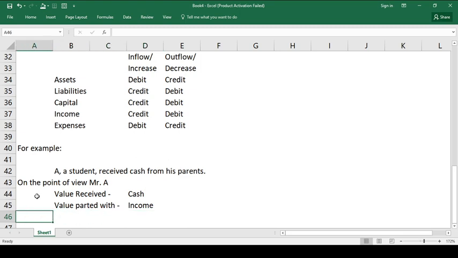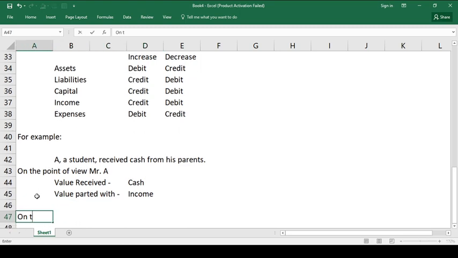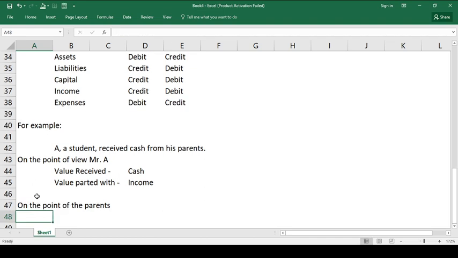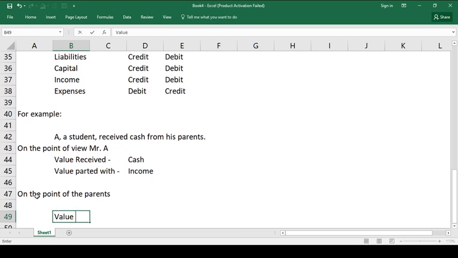Okay. How about, sir, on the point of view of the parents giving such cash? On the point of view of the parents, the value received is an increase in expense. Expense sa kanila 'yon.